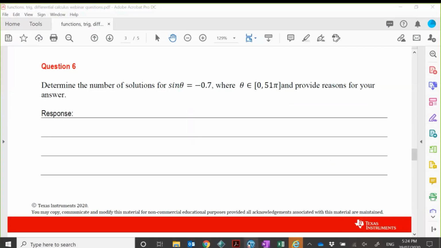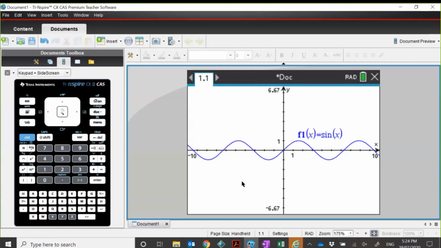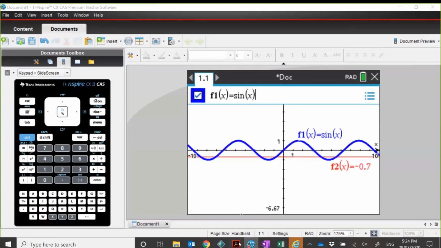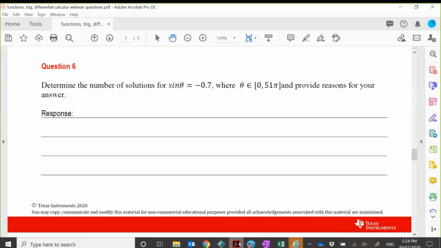So I can add in a new line. So if I hit tab, I'm going to put in negative 0.7. It puts my horizontal line. And if we now change our domain, so if I hit tab and go back up to the graph that I entered previously, my domain had to go from 0 to 51 pi.